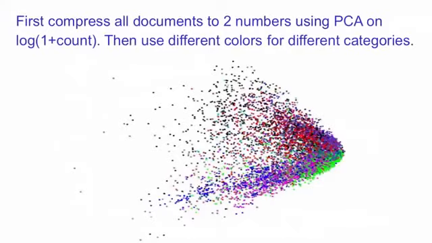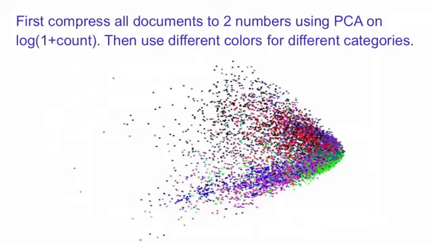We can also do the same thing where we reduce to 2 real numbers, and then instead of doing retrieval, we're just going to plot all the documents in a map, but we're going to colour that 2-dimensional point that corresponds to the 2 numbers produced by PCA by the class of the document. So we took the major classes of the documents, we gave those major classes different colours, and then we used PCA on log of 1 plus the count.